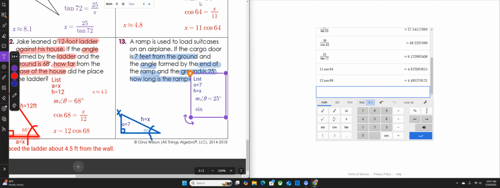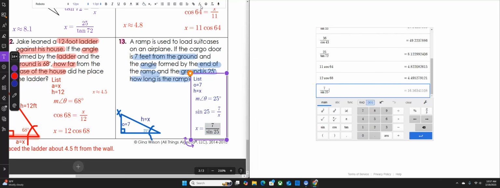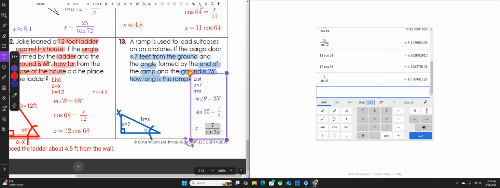So the sine of 25 is going to be equal to 7 over the unknown hypotenuse. Again, when x is down below, the x and the angle switch. And then we run it through the calculator, because again, we're not doing this by hand. And that's going to give us 16.6.